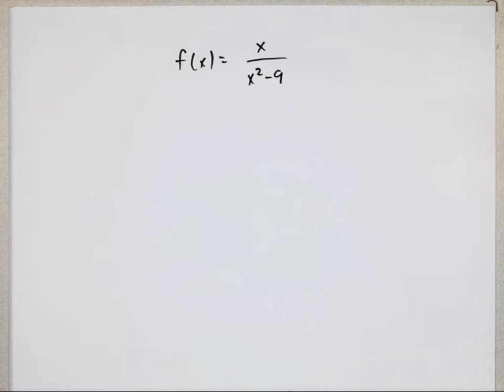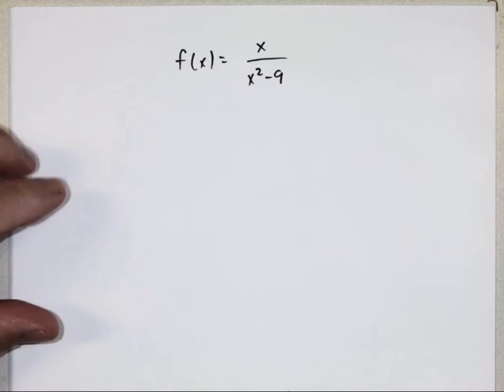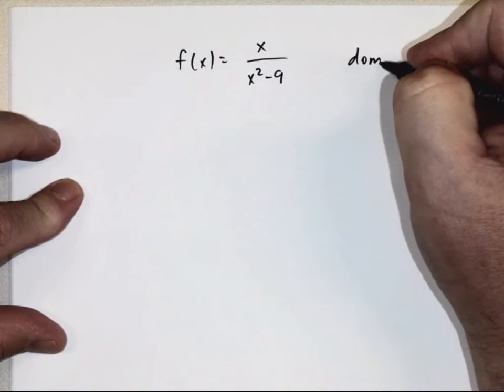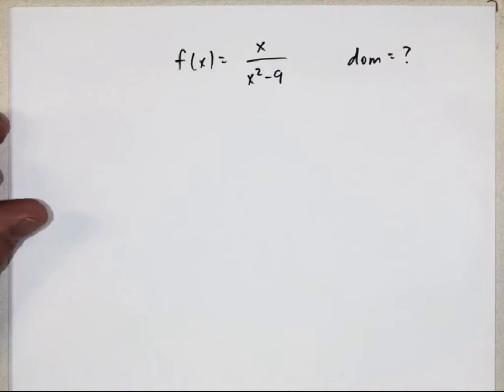What if you're given this function and you're asked to find the domain? Once again, anytime you're given a function and it's an equation, the starting point for the domain is all real numbers, and then I look to see if I have either of my exceptions.